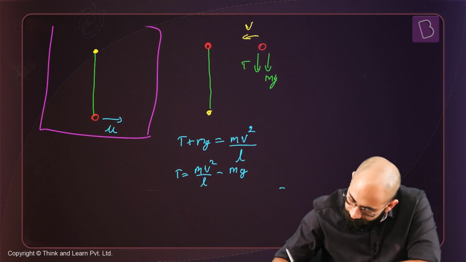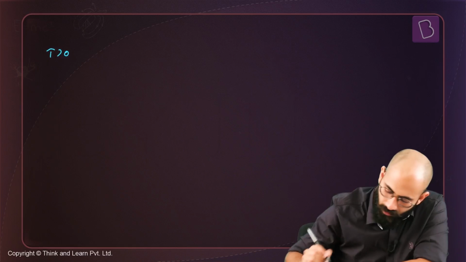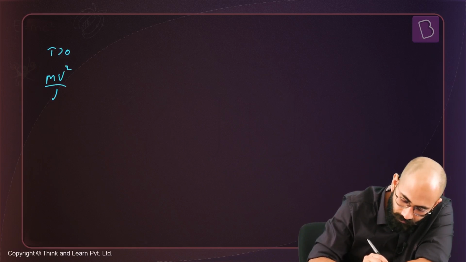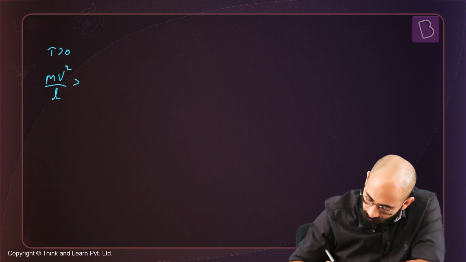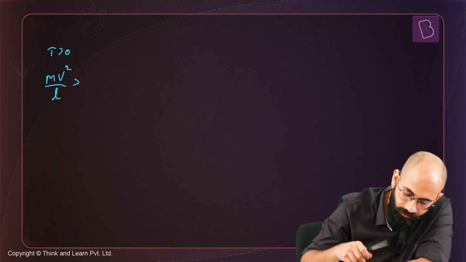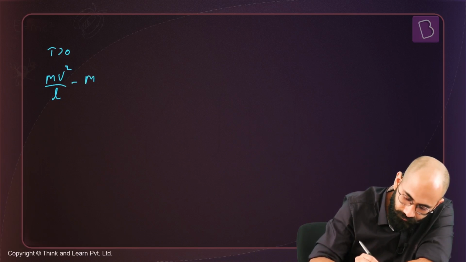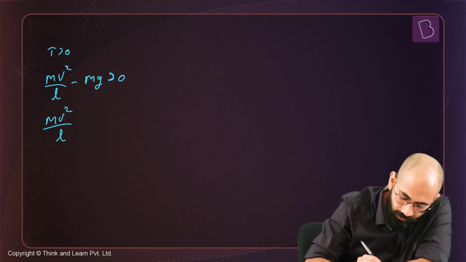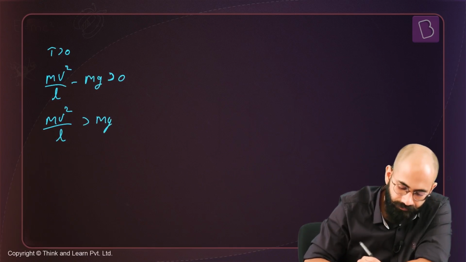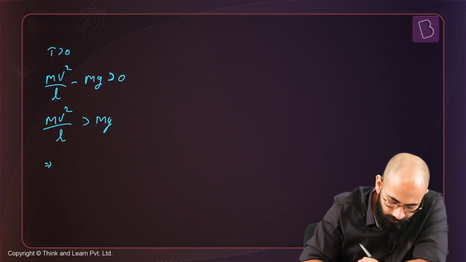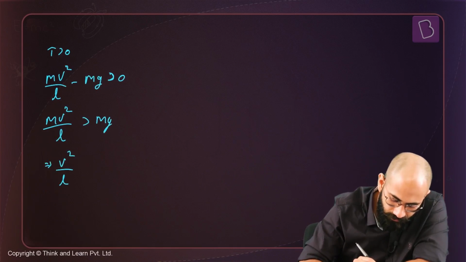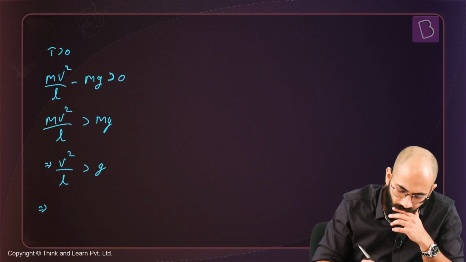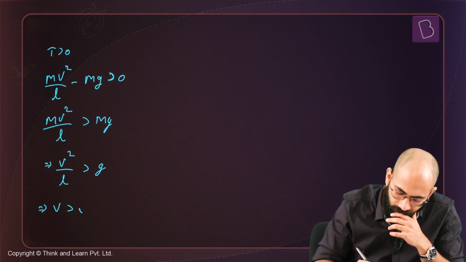T greater than 0, which means that mv squared by L minus mg should be greater than 0, or mv squared by L should be greater than mg. This implies that v squared by L should be greater than g, or v should be greater than root Lg.